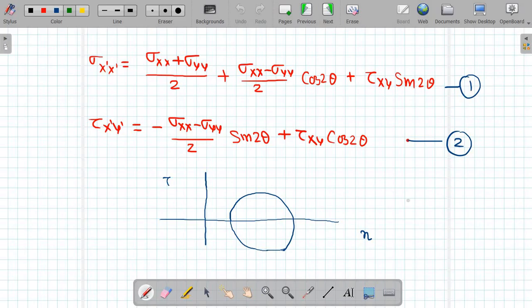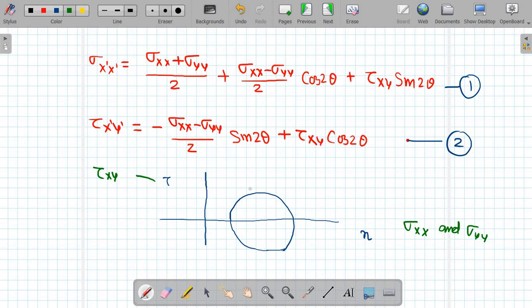I am putting sigma x and sigma y on the normal axis and shear xy in the y direction.